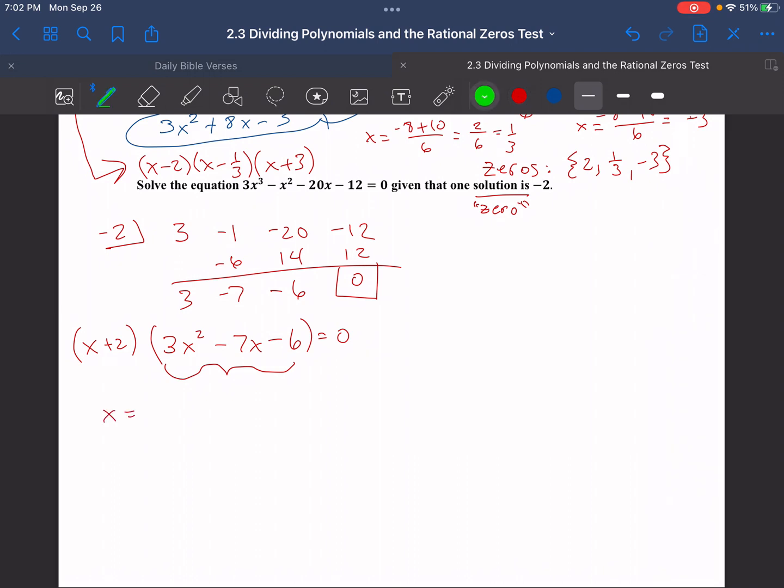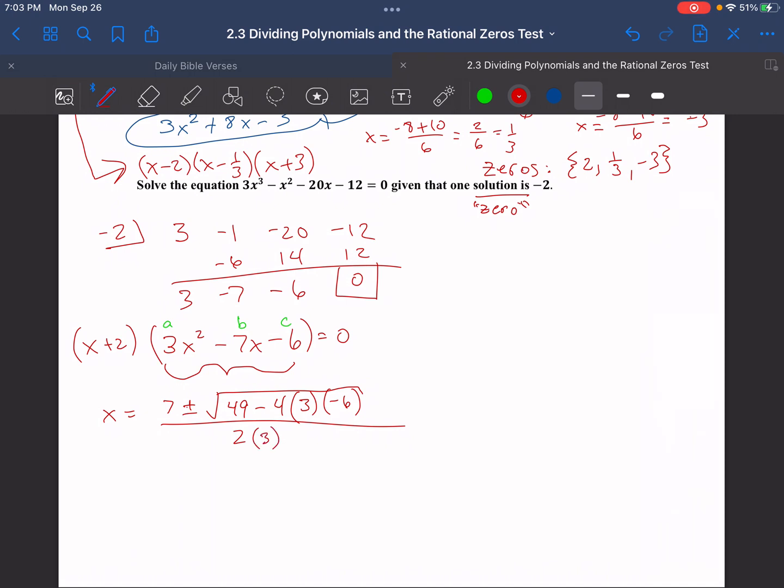So just like before, a, b, c, don't forget the negatives as you do that. So b is negative 7, c is negative 6, and a is just 3. So opposite of b, so it's negative of negative 7, so 7, plus or minus the square root of negative 7 squared is 49, minus 4 times a times c, which is negative 6, all square rooted, all over 2 times a, just like that.